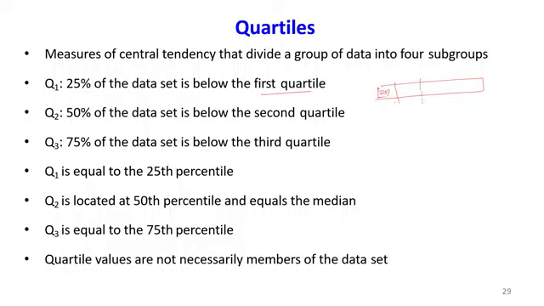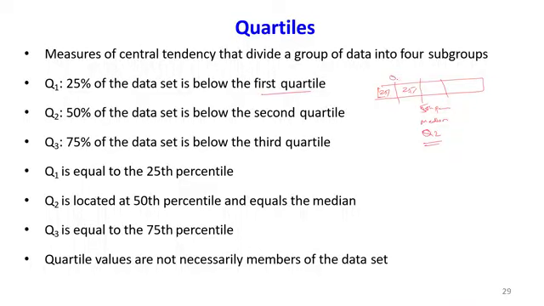Then you have another quartile which again adds 25%, so 50% of the data is below this particular point. You can call it the 50th percentile, or the median, or Q2, the second quartile. All these are synonyms and mean the same.